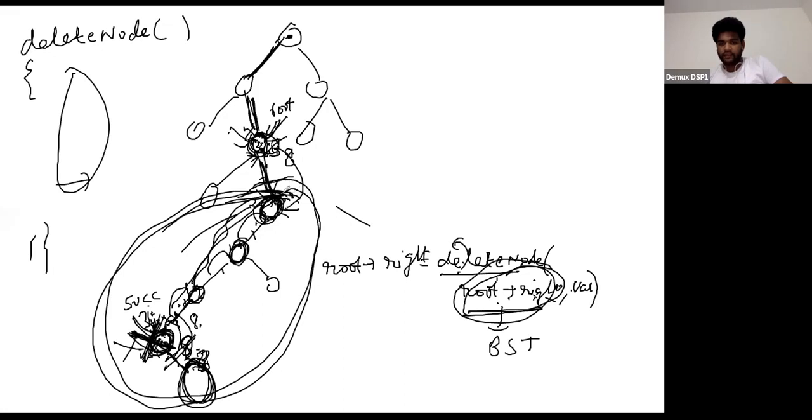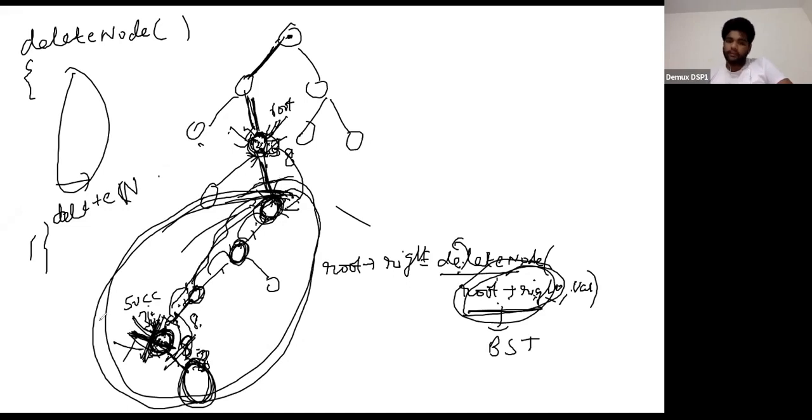And this subtree is also a BST, I know that even after swapping. So I know that I already have a function which does exactly that. What does it do? It deletes a given node from a BST and returns the root of the tree.